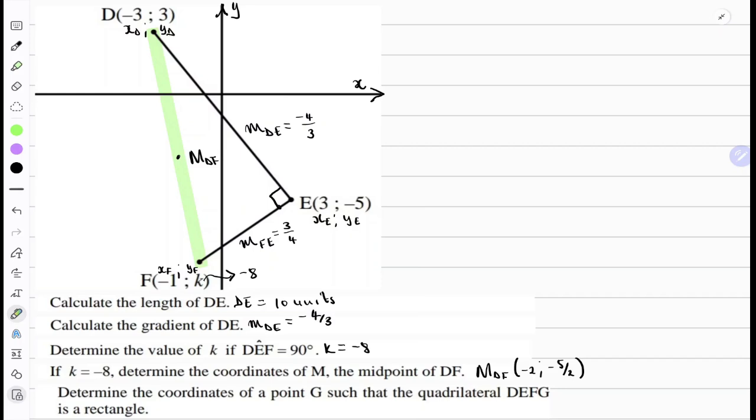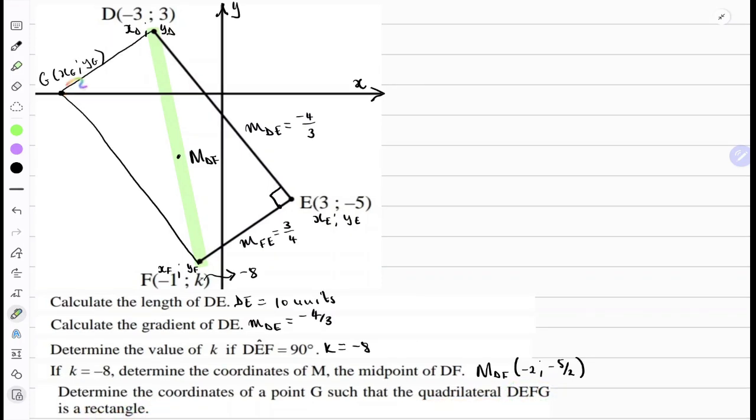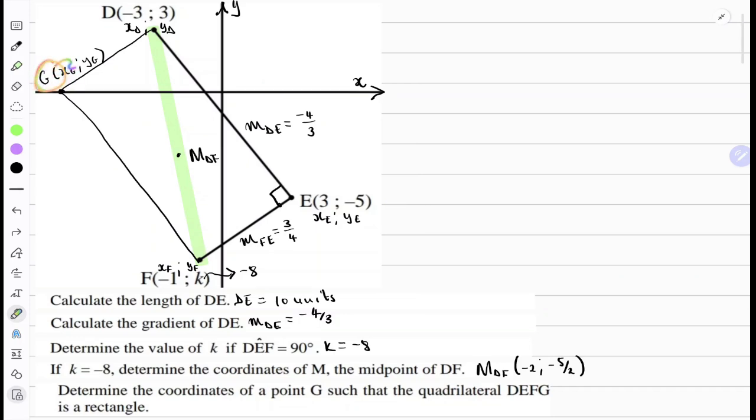So finally the last question says, determine the coordinates of G such that quadrilateral DEFG is a rectangle. So now we have to imagine a point G on the Cartesian plane such that DEFG is a rectangle. So we need to find the coordinates of G. In order for us to find the coordinates of G, we have to take into account a very important property of a rectangle.